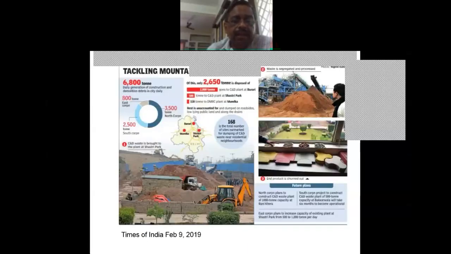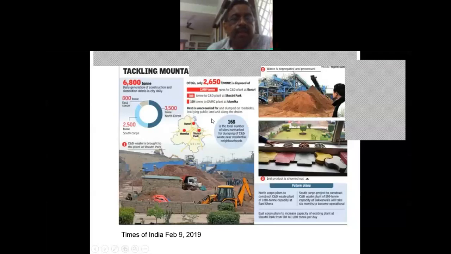And even earlier, in February 2019, there are 3 plants in and around Delhi, near Mundra and Varai and Shastri Park. So these also are being used. Around 6,800 tons of construction demolition waste is produced, and of that around 2,650 tons is made into aggregates, and they are recycling it.